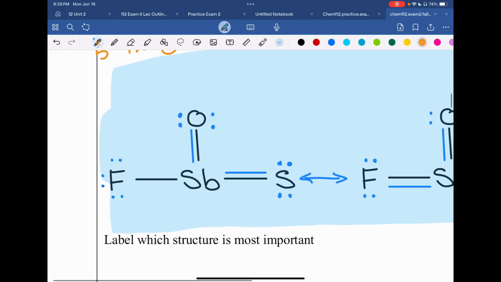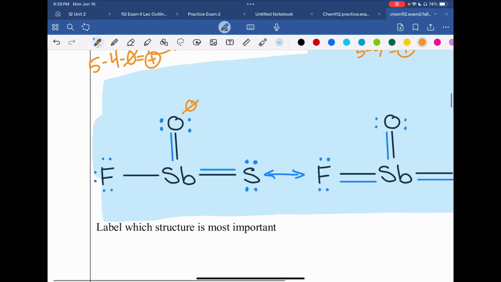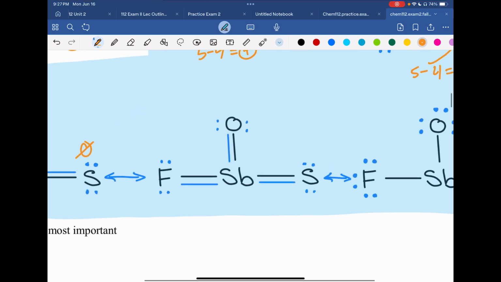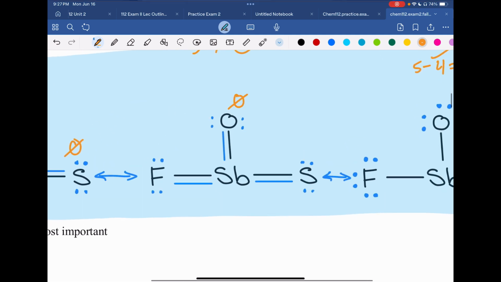Okay, this one is neutral. This one is neutral. This one, neutral. Okay. Antimony is 5 minus 5 lines minus 0. Neutral. Interesting. Let's keep that in mind. Neutral. Neutral. Remember I said this one was positive.